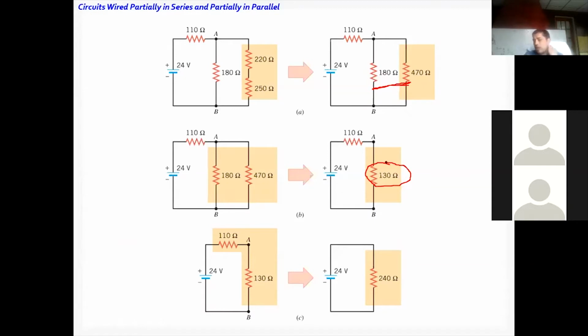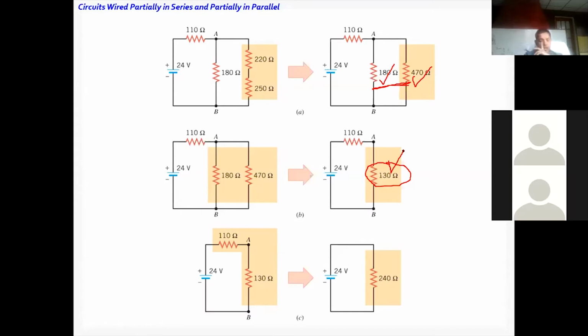Why did I do so? I'll show you in a second. But does it make sense? It does, because 130 is less than 180, and 130 is less than 470, obviously. That's why this looks like it makes sense. But we have to make sure this is the right number. Is 130 the right number?